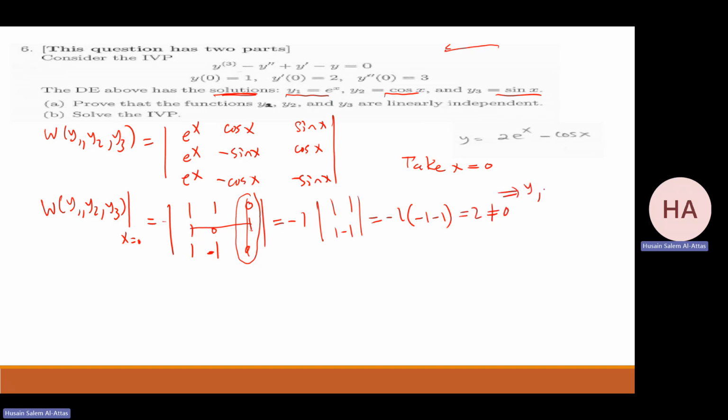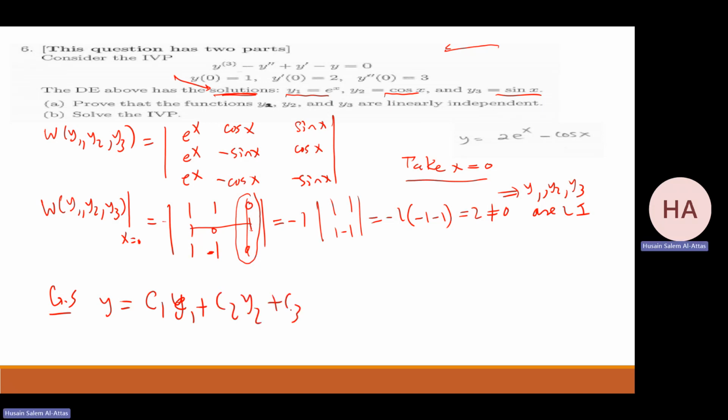So y1, y2, y3 are linearly independent. I can do this trick since they are solutions. I know if they are solutions, then the Wronskian is either identically 0 or it cannot be 0. So now they are linearly independent. Now I need to solve for the initial condition. The general solution will be y equals c1 y1 plus c2 y2 plus c3 y3.